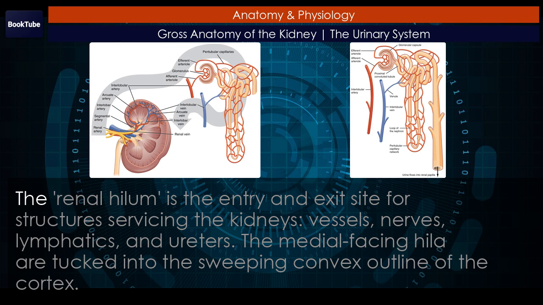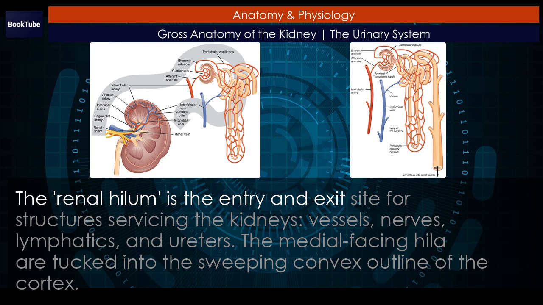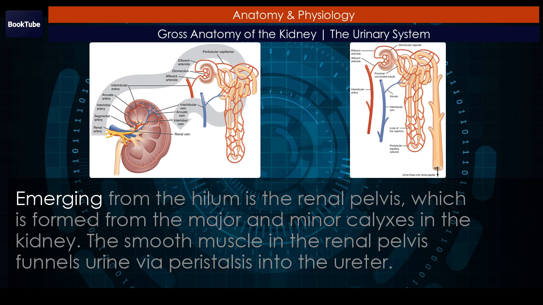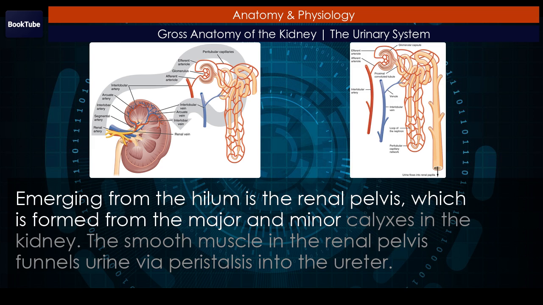Renal hilum. The renal hilum is the entry and exit site for structures servicing the kidneys: vessels, nerves, lymphatics, and ureters. The medial-facing hilum is tucked into the sweeping convex outline of the cortex. Emerging from the hilum is the renal pelvis, which is formed from the major and minor calyces in the kidney.